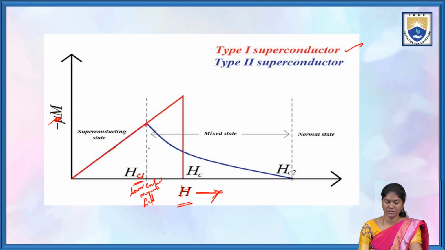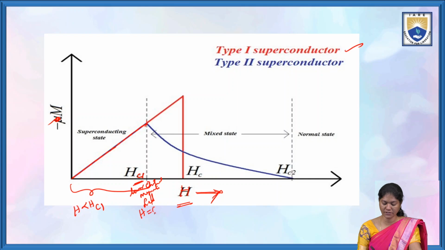So the state is H less than Hc1. At H equal to Hc1, penetration starts.